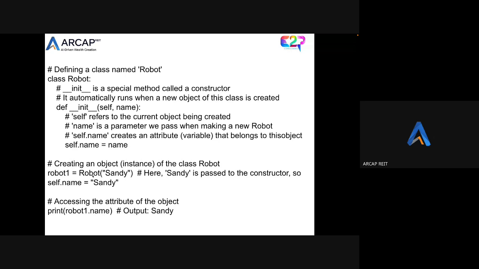So we create an object Robot with Sandy in parentheses, and we need to store it somewhere, so we store it as robot1. If we print robot1.name, it will show the output as Sandy.